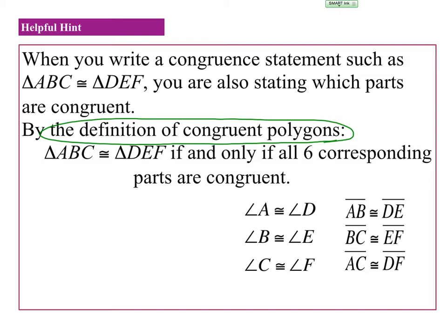That definition is what we would use to come up with congruent triangles or to get all the separate parts listed. So in order to use that definition on triangles, you do have to come up with 6 things. You've got to get all the angles congruent and all the sides congruent to say the triangles are congruent. We're going to do that.